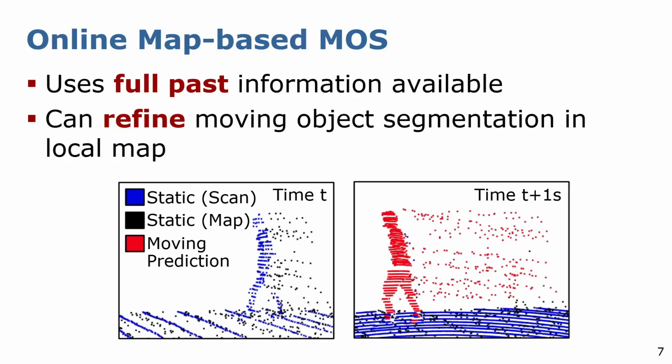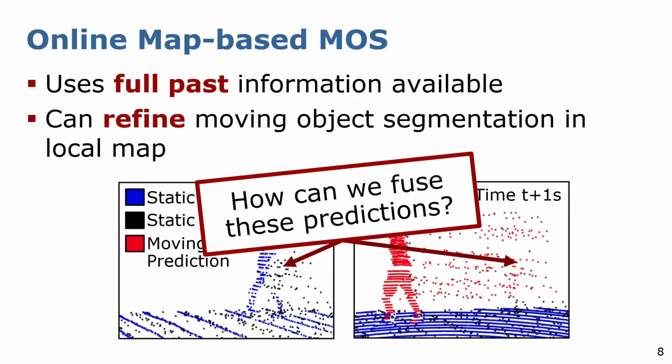Here we have our static points, so the points which are predicted to be static of the scan in blue, the map points that are predicted to be static in black, and our moving predictions in red. At time t, our approach does not yet segment this object to be moving, although it is. But after 1 second, we gathered more observations, there are more points in the map, and now our method successfully segments it.